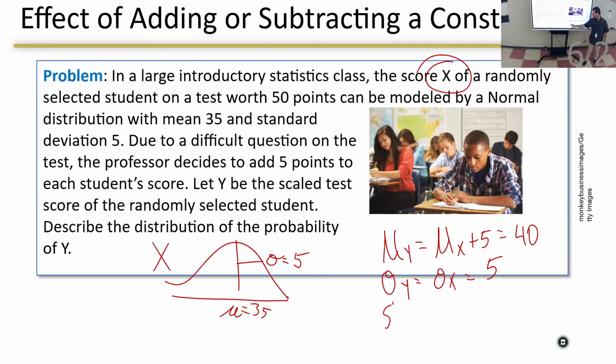And then the shape of Y will be, it says normal. I like to put approximately. You're never wrong by putting approximately in front of it, and sometimes you're wrong if you don't put it. I think you're okay because it just says normal here.